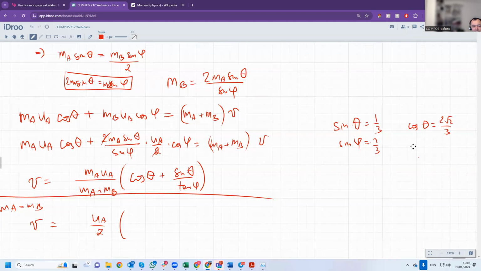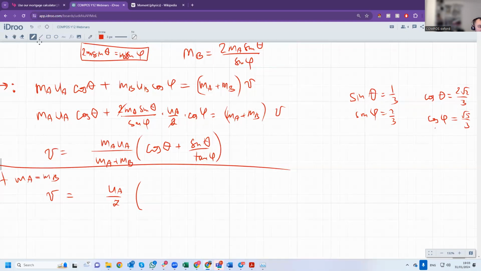And cos phi is square root of 5 over 3. Then you get 2 square root of 2 over 3 plus 1/3 divided by tan phi. Tan phi is going to be 2 divided by square root of 5.